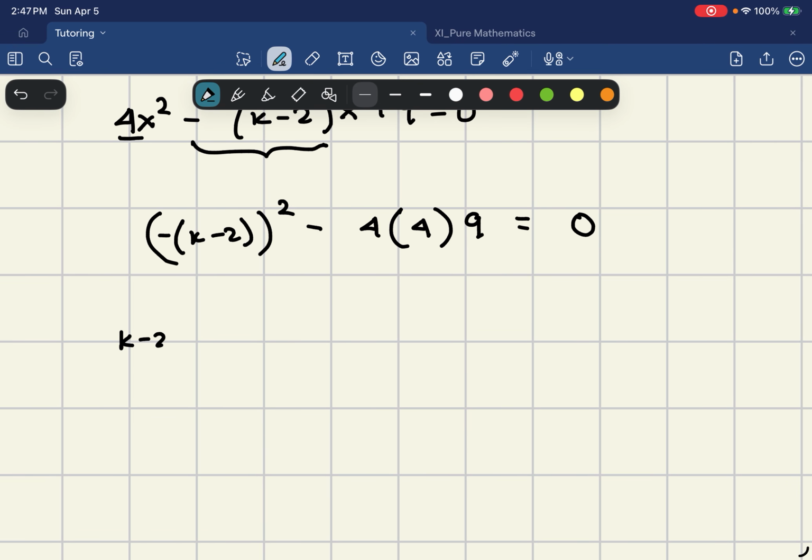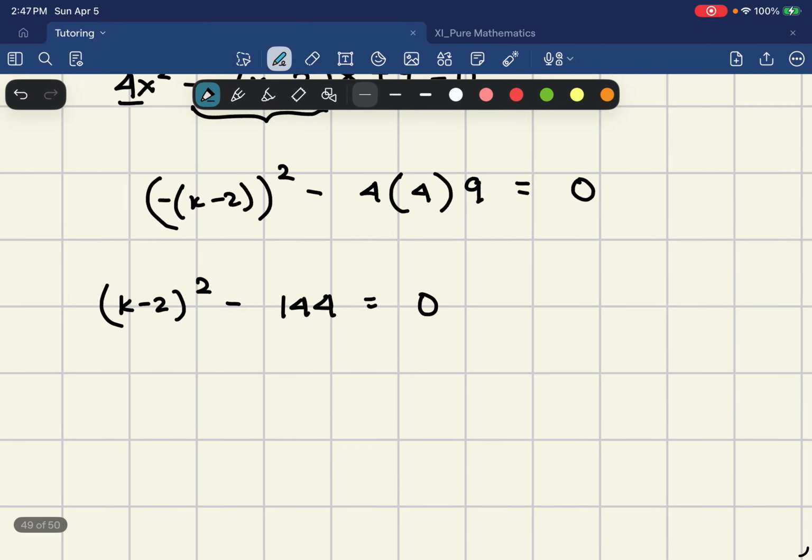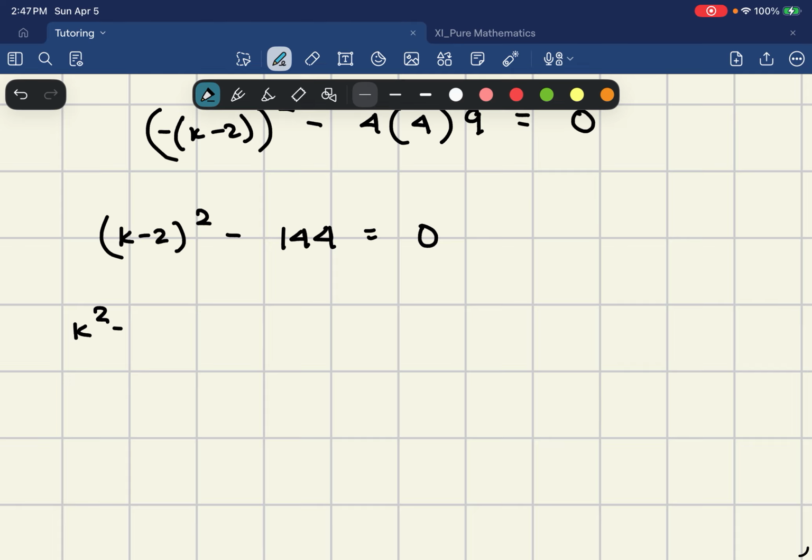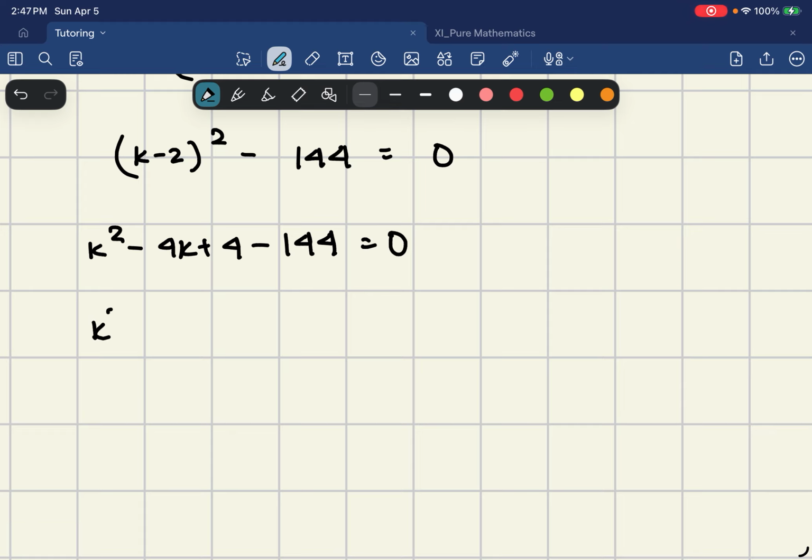So I have k minus 2 whole squared minus 16 times 9, right? That is 144. Alright, so k squared minus 4k plus 4 minus 144 is equal to 0. And k squared minus 4k minus 140 is equal to 0.